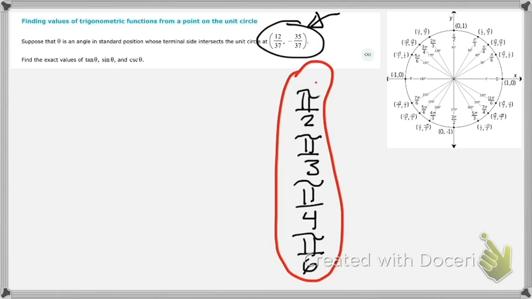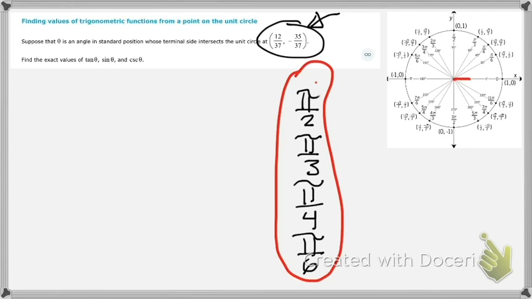If I go over 12/37, just approximately, that's like a third of the length. It's almost 1/3 of 1. 12 over 37 is really close to 12 over 36, which would be exactly 1/3.